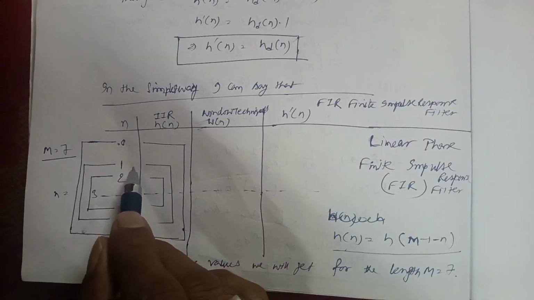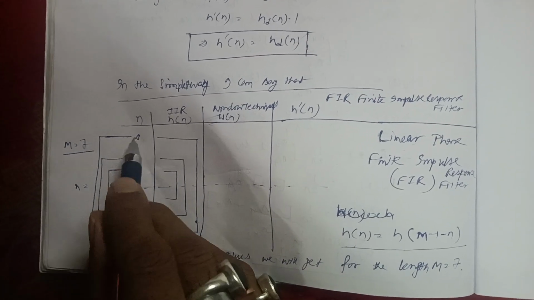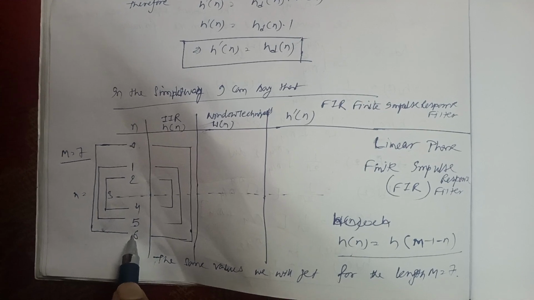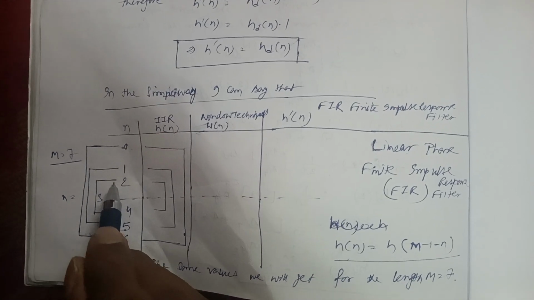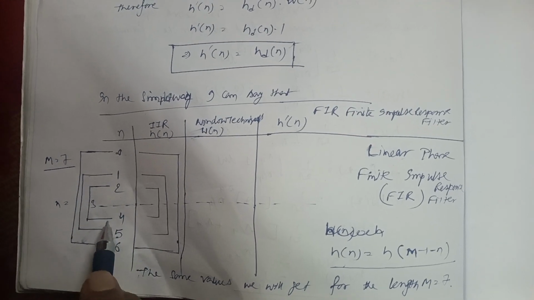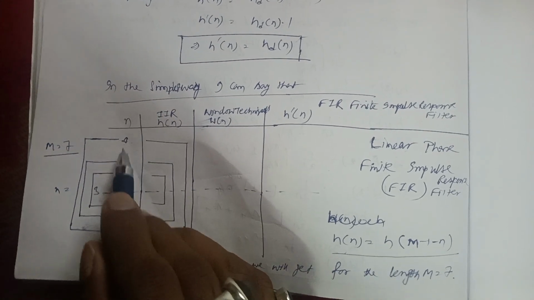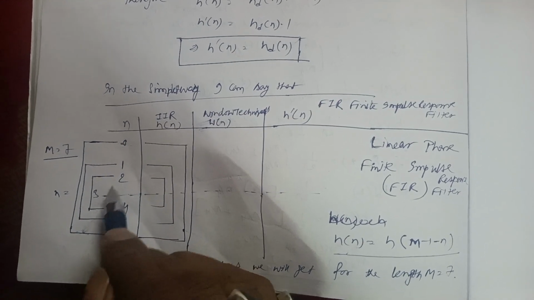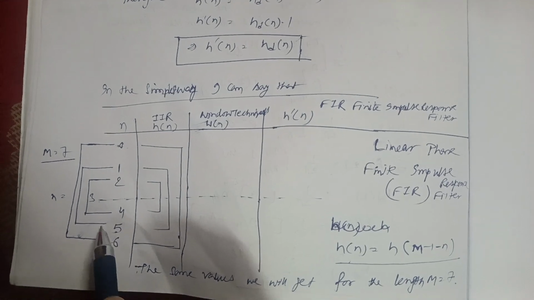Whatever value we get for 0 will be the same for 6. If I take 1, it will be the same as 5. If I take 2, the same will be 4, and 3 stays 3. So if I find these 4 values, 0, 1, 2, 3, I will get the other values the same.